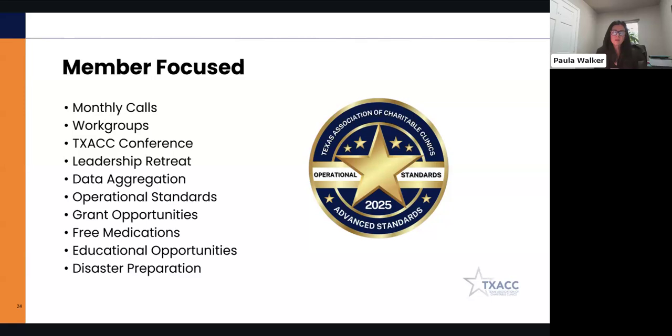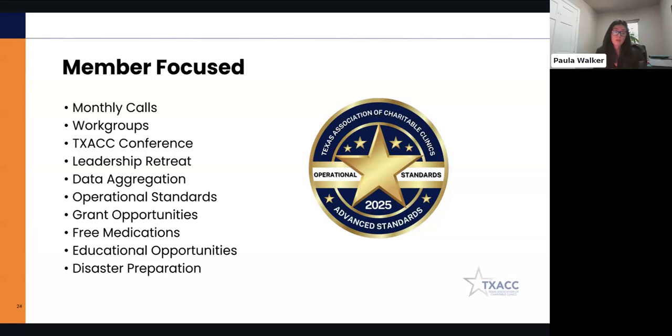But really, one of the most important things that we do is TxAC, we are the data hub for 75 clinics across the state of Texas. So every year we make sure our clinics sign up, renew their membership, fill out an assessment form and an operational standards form. And that is the seal that you're looking at. That's very important to us, because we want to make sure that all of our clinics meet our operational standards, which we hold even higher than our national operational standards.